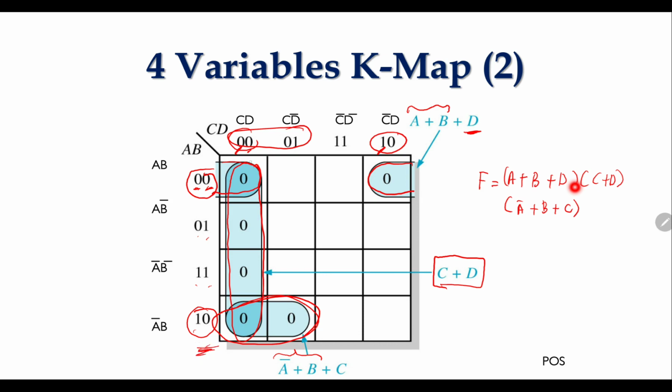For this side, you see C and D. C over here is 0, so C doesn't change state, so you can read C. How about D? D changes state from 0 to 1, so you don't read D. So you read C in this way. So you've got A bar plus B plus C. So you've got this equation for this 4 by 4 K-map with variables A, B, C, D.